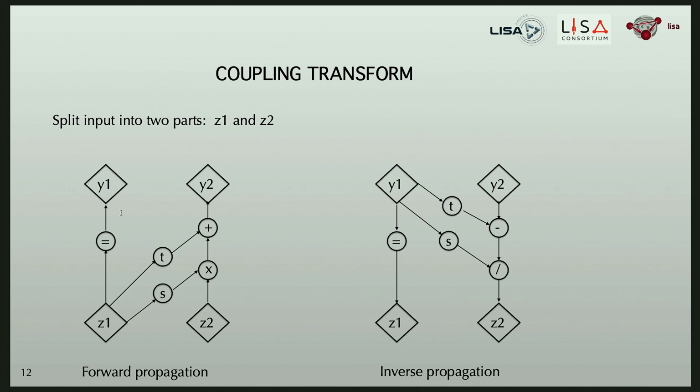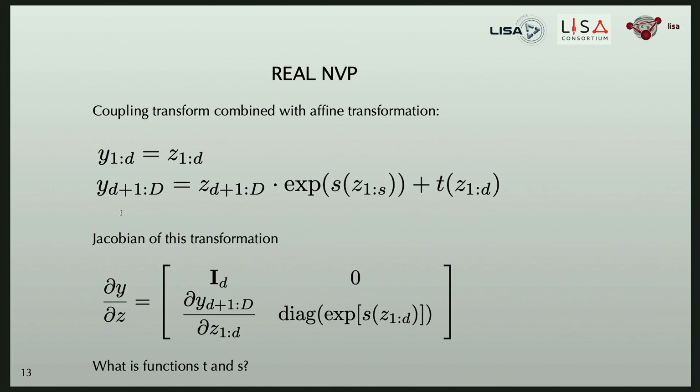So one of the ways to tackle this problem is to use a coupling transformation. This is the transformation in which you separate your data into two subparts, and then you transform one part conditional on the other part, and then you do it iteratively, therefore preserving the correlation between the parameters.